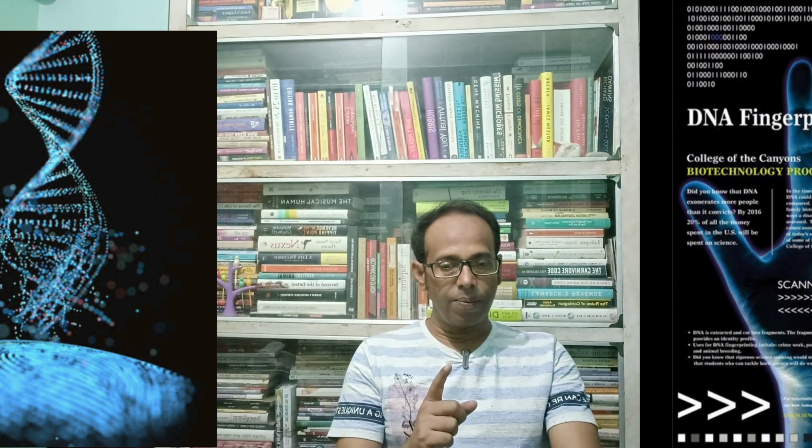What are the steps involved in DNA fingerprinting? Number 1 step, isolation of DNA. The DNA can be isolated even from a small amount of tissue like blood, hair roots, skin, etc. Number 2 is restriction digestion.